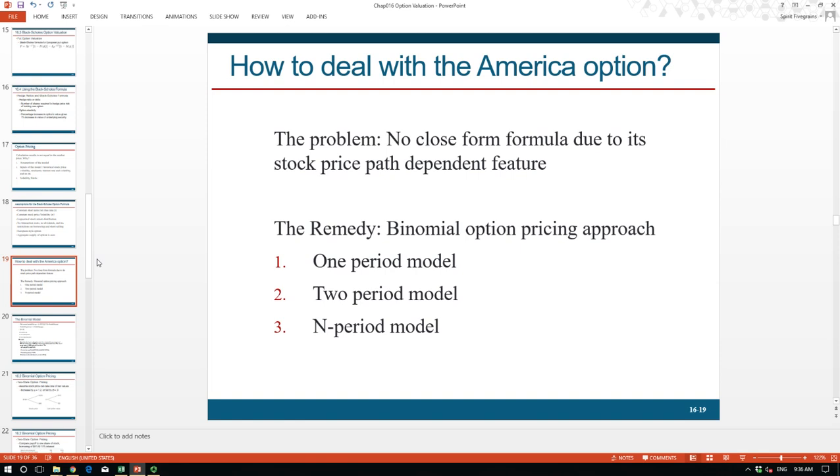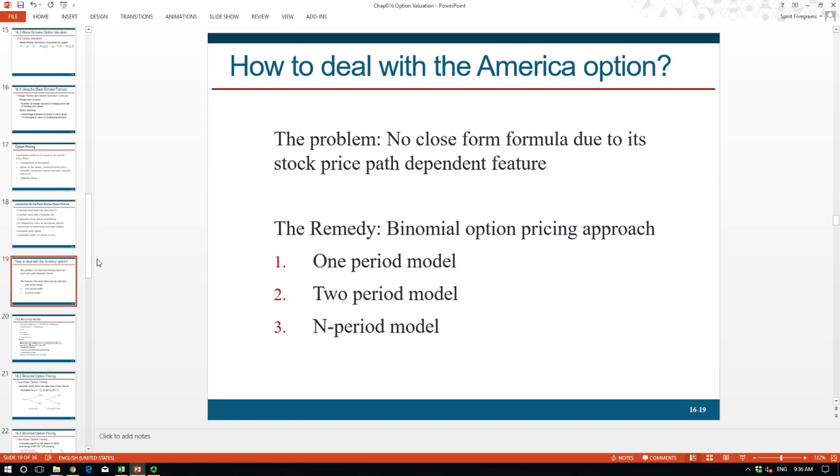So the pricing for American options and European options are very, very different. People tried the dynamic hedging mechanism in order to get a closed solution for American options, but no matter how smart they are or how hard they work on it, there's simply no solution for American options if we follow dynamic hedging analysis.